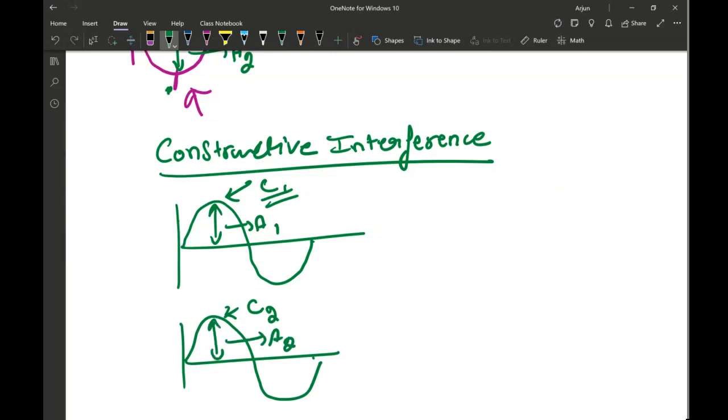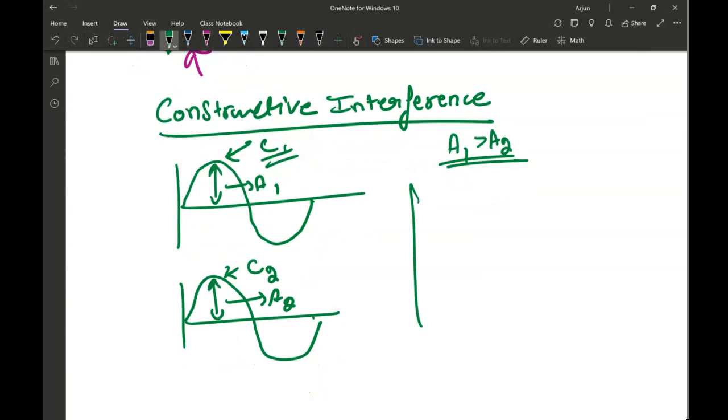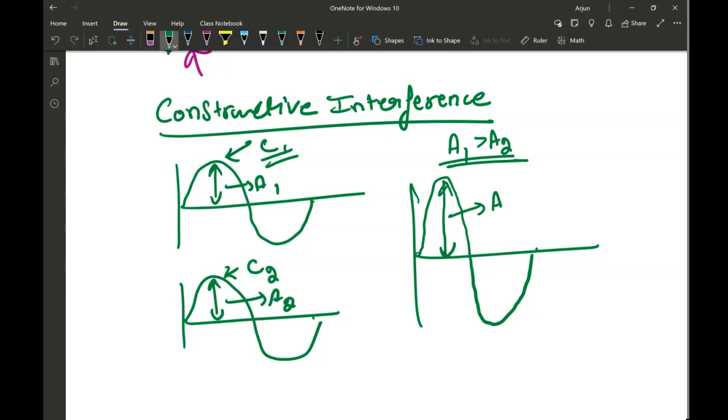Again assuming A1 is greater than A2, this is the assumption I'm taking, under constructive interference they both will add up, and the final wave which will be generated at that particular point will have an amplitude equal to A1 plus A2. This is called constructive interference.